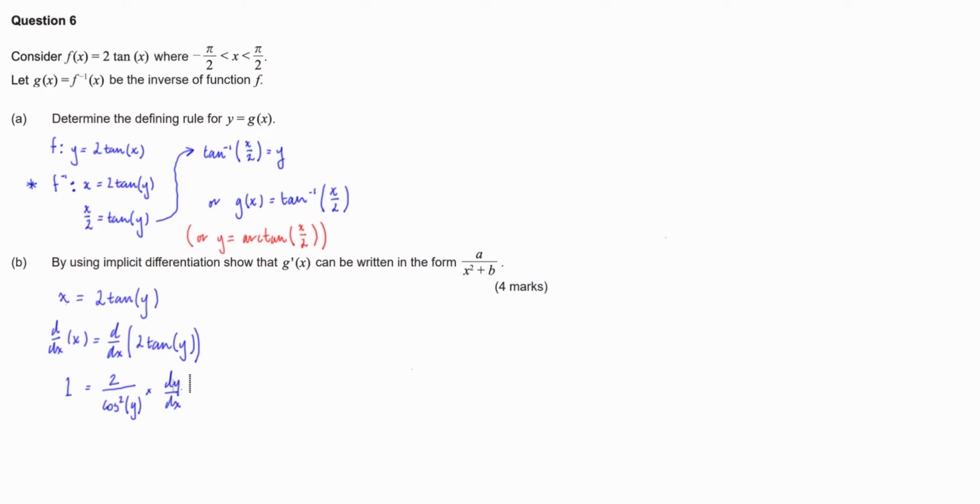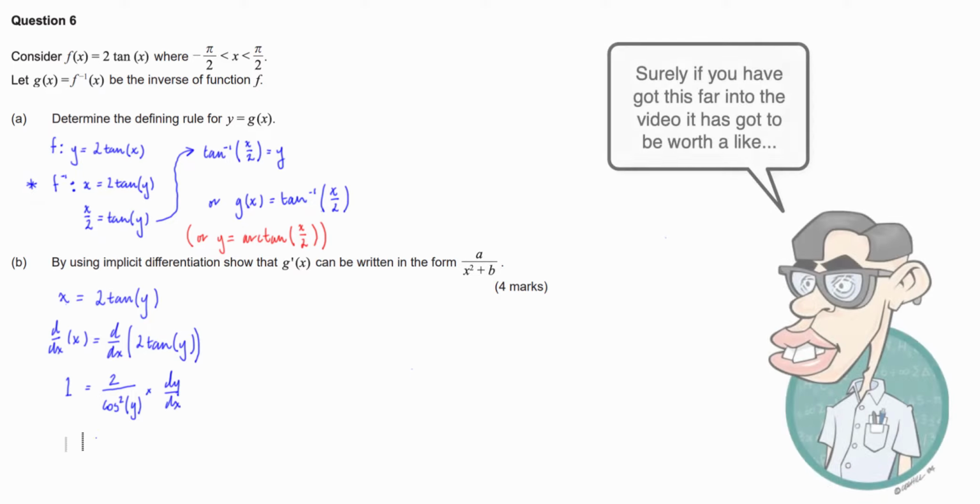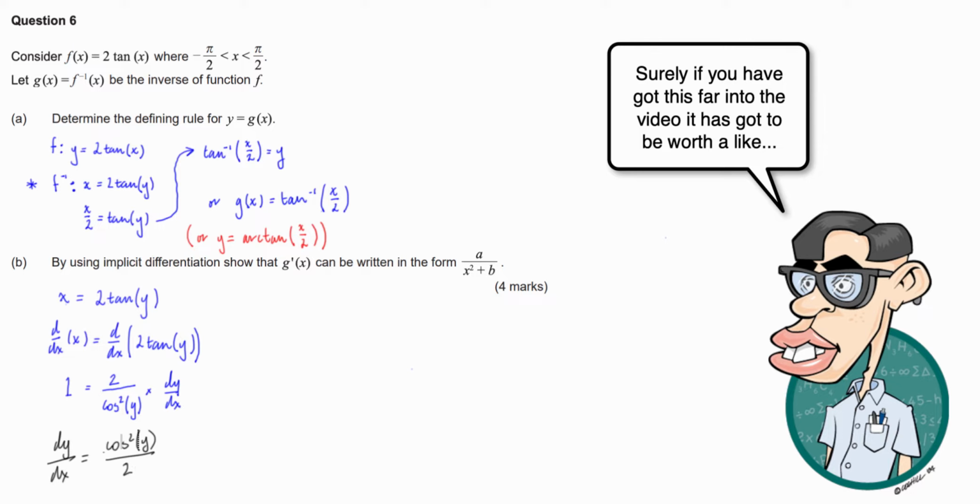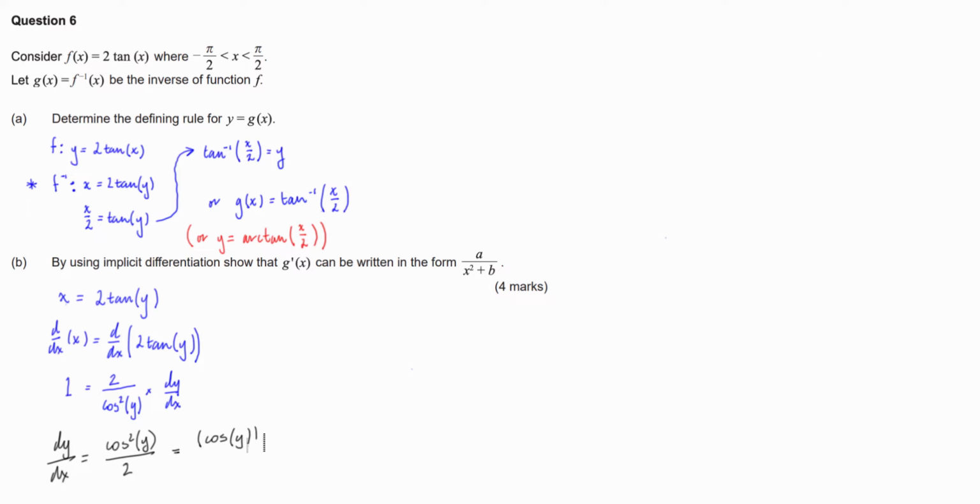So from here, guys, we're going to rearrange this so we can have dy dx equal to something, and what you'll find is we're going to just multiply the 1 by cos squared of y and divide by 2, which will leave us with dy dx is equal to cos squared y over 2. Now this can be rewritten as just the cosine of y all squared over 2.